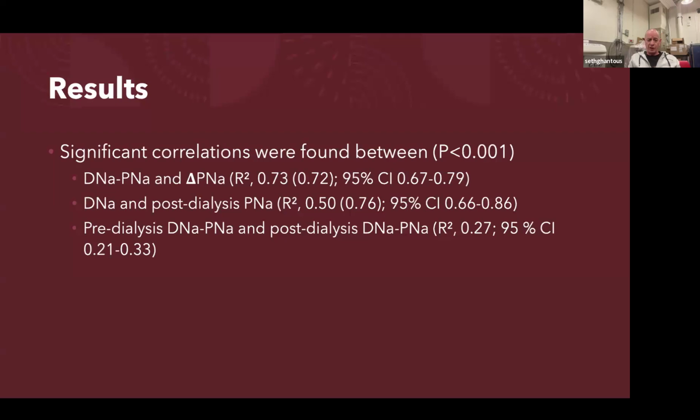The most significant correlation was the DNa to PNa gradient when compared to the change in plasma sodium over the course of the therapy. There was still significance for the dialysate sodium and post-dialysis plasma sodium, and the pre-dialysis gradient and post-dialysis gradient had the weakest correlation, but was still significant.